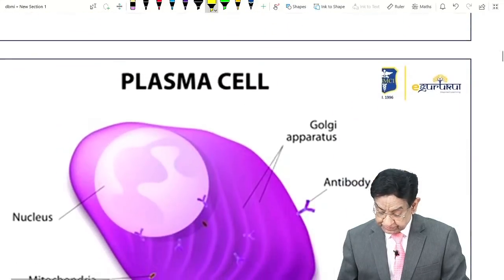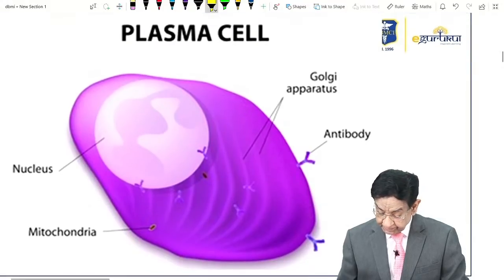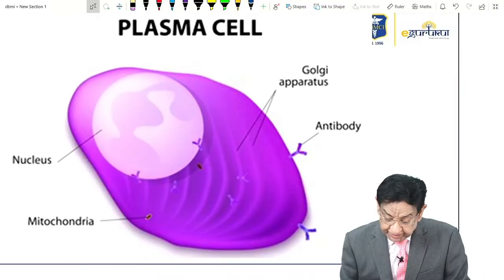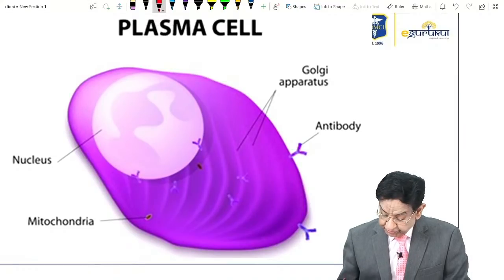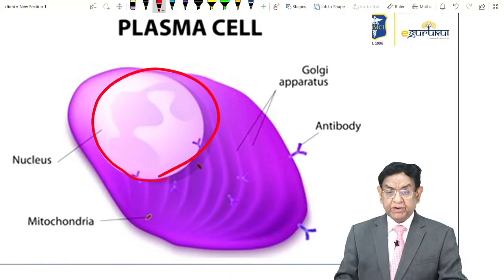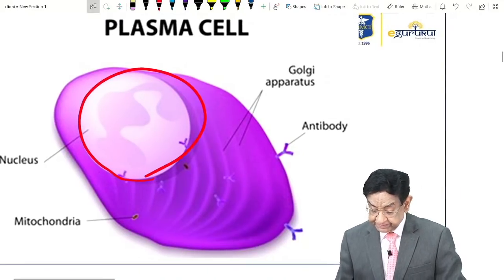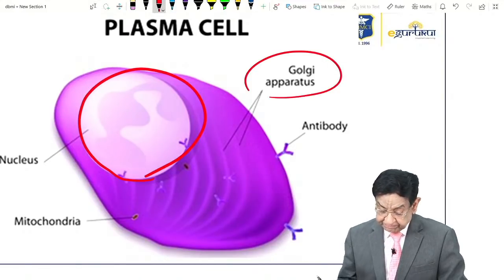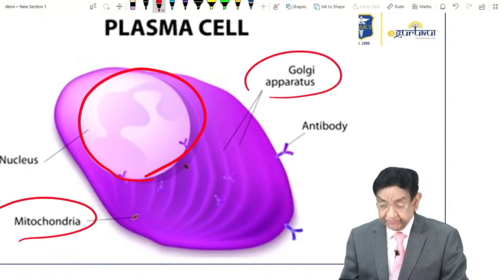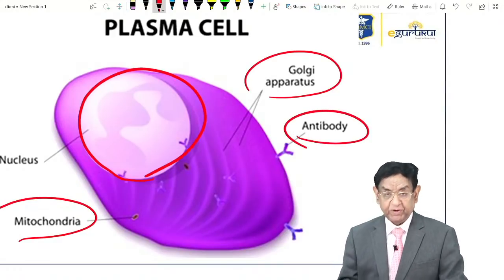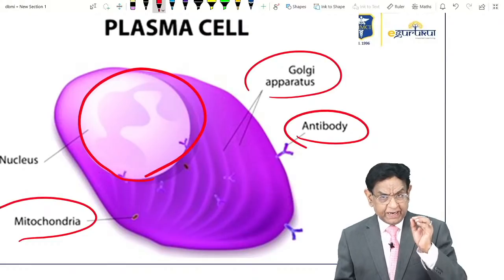Now let me show you the plasma cell. Look into this. We can very well appreciate the nucleus is at one corner, not in the center. Agreed? We are getting the Golgi apparatus, nothing special about this. Mitochondria we are getting around, fine. But look into these antibodies.